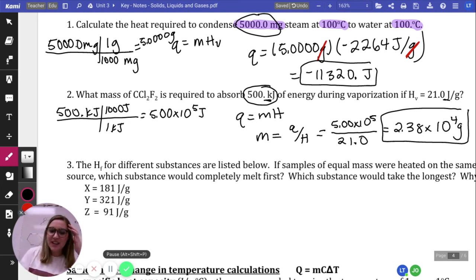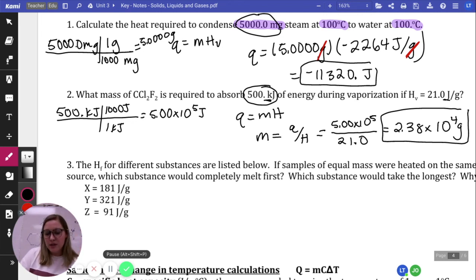Okay, so first thing I did on this problem is I converted my energy from kilojoules to joules since my heat of vaporization is in joules per gram. All right, and then it is absorbing energy because it does say it's going through vaporization, so that is an endothermic process where it's taking energy in. I know that my equation is going to be mass times my heat, and so I'm looking for mass in this one because I've been given the energy and given my heat of vaporization.